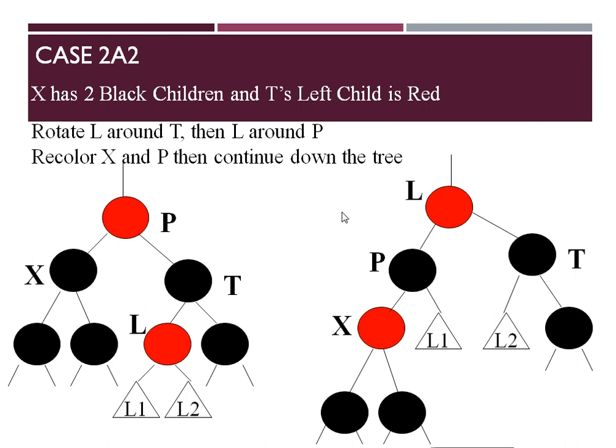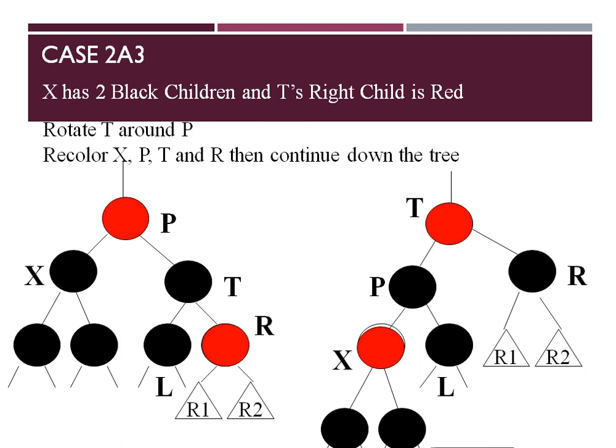Here you can see what has happened after doing these 2 rotations. So now L becomes the root node, P is its left child, T is its right child. Now we further recolor X and P and then continue down the tree.